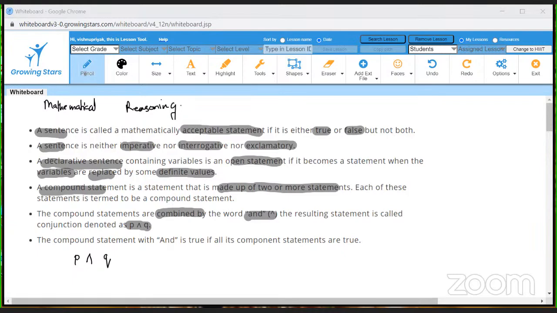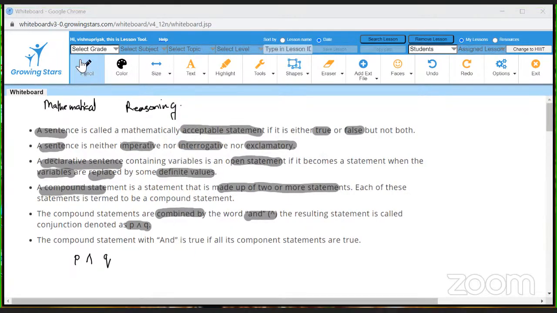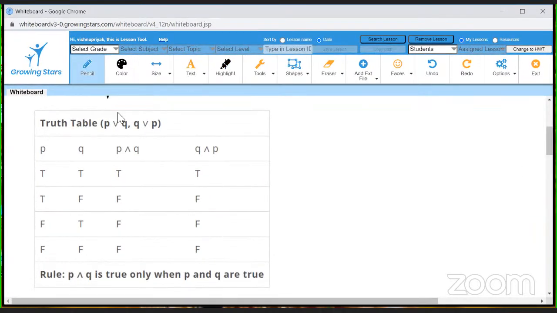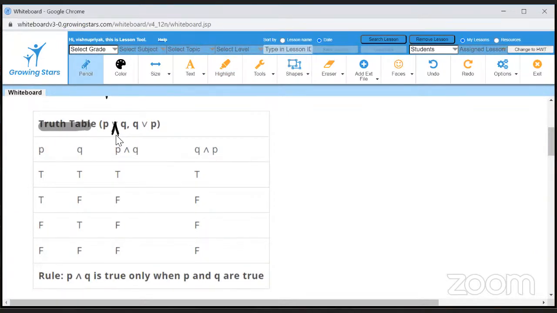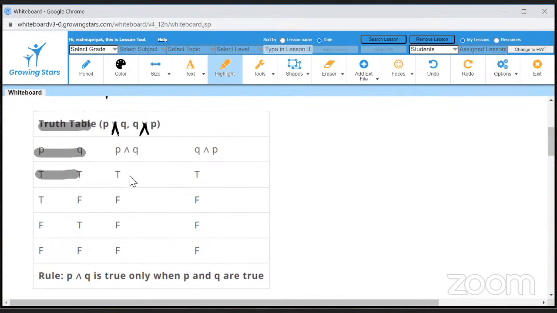Now there is a truth table. Let us take the truth table for "and", for P and Q, and Q and P. If P and Q statements are both true, then P and Q will be true, Q and P will be true.